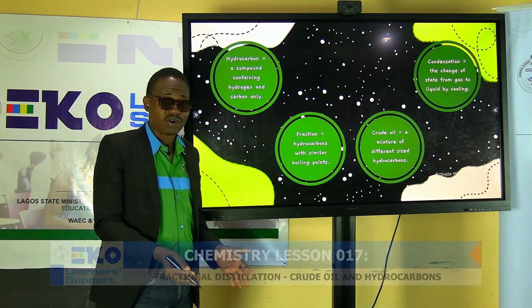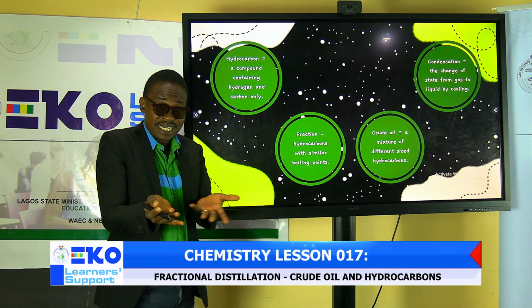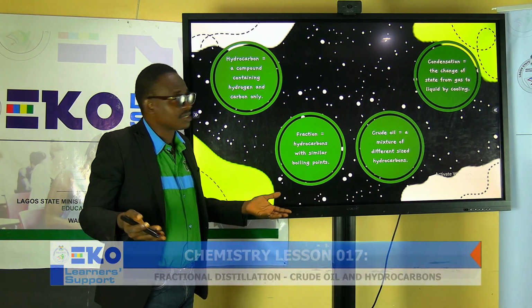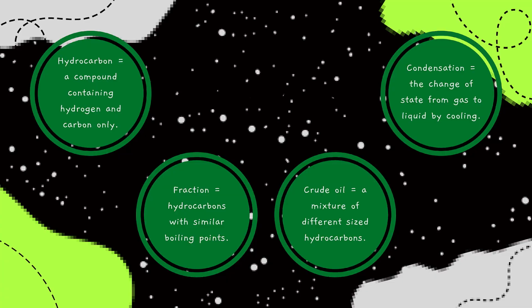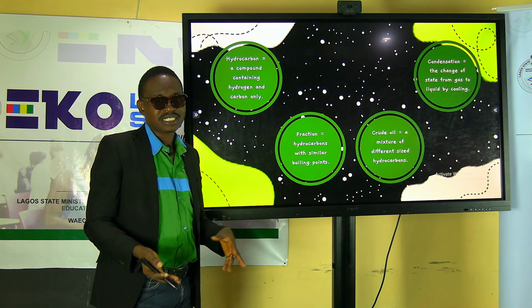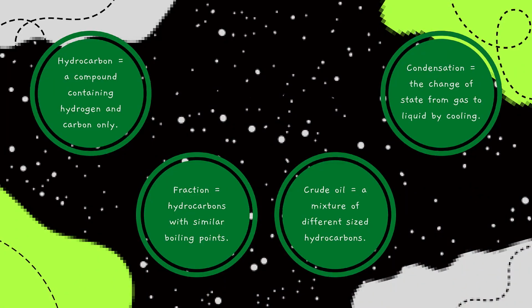We now need to come to a point where we need to define different terms used in fractional distillation. The first one is hydrocarbon. Two things are involved: hydrogen and carbon only. Therefore, it's a compound containing hydrogen and carbon only.